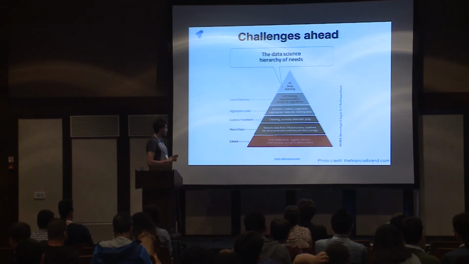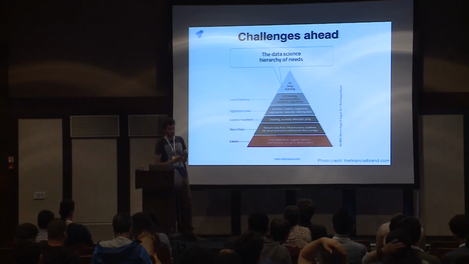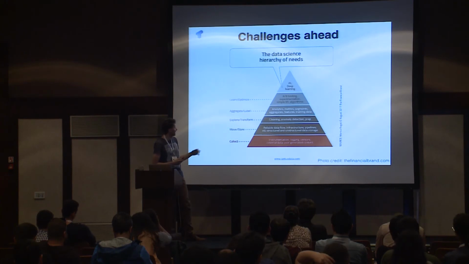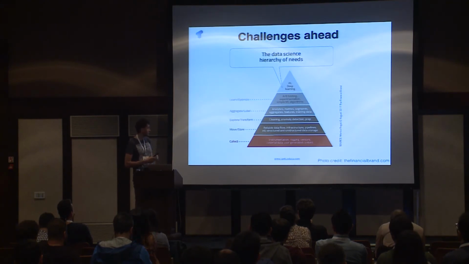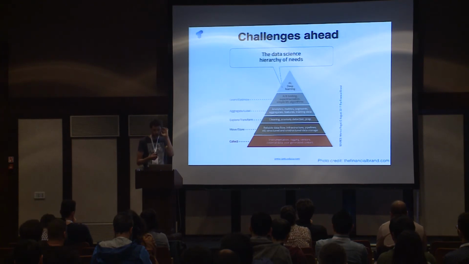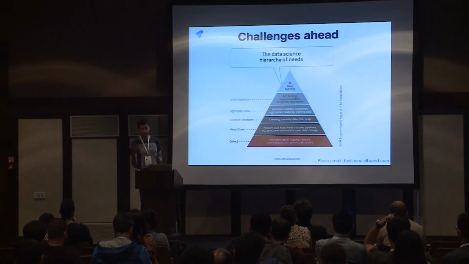The last picture I would like to show you today is the hierarchy of needs in data science. The top of the triangle is artificial intelligence and deep learning. Very fancy words, things which are hot nowadays, and everyone wants to do that.